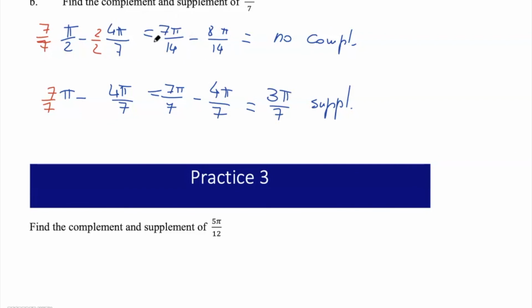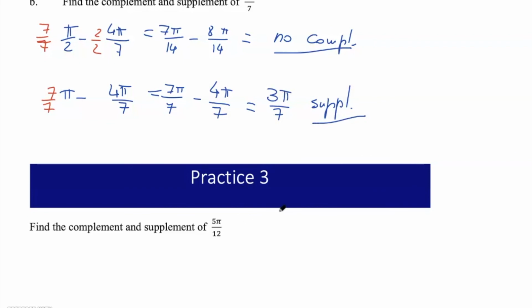The right angle is 7 pi over 14, and I'm subtracting 8 pi over 14. So there will be no complement for this one. For the supplement, I will do pi minus 4 pi over 7, rewritten as 7 pi over 7 minus 4 pi over 7, which gives me 3 pi over 7, my supplementary angle.